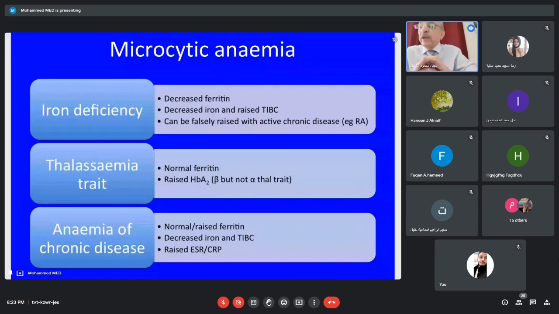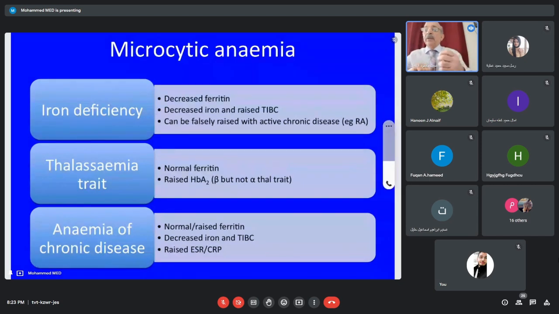But I must say this again. If serum ferritin is available for you, request serum ferritin only. If it is not available, then request serum iron and total iron binding capacity together. In thalassemia, the serum ferritin is normal and the hemoglobin A2 is usually raised.